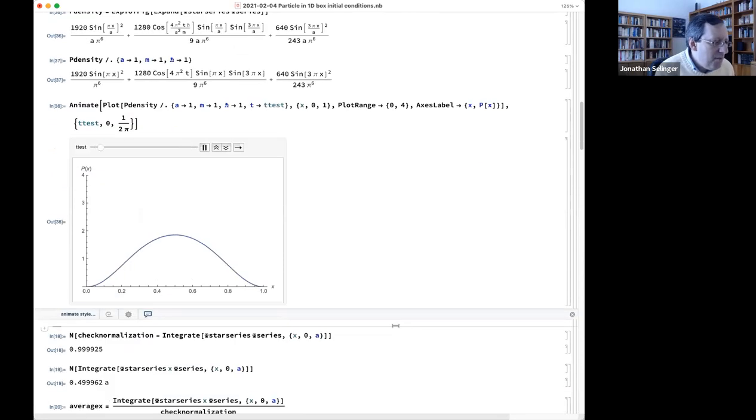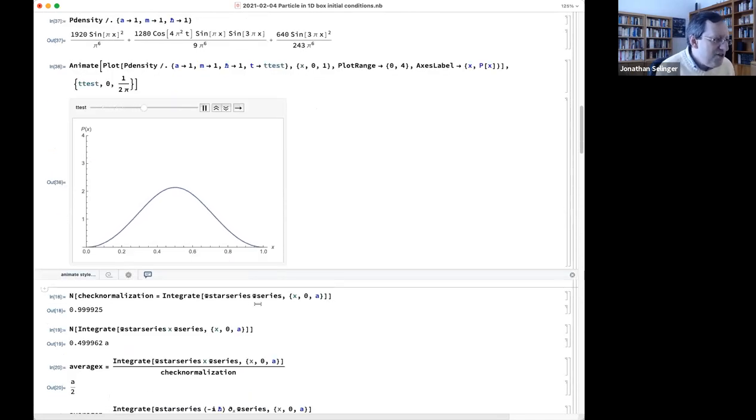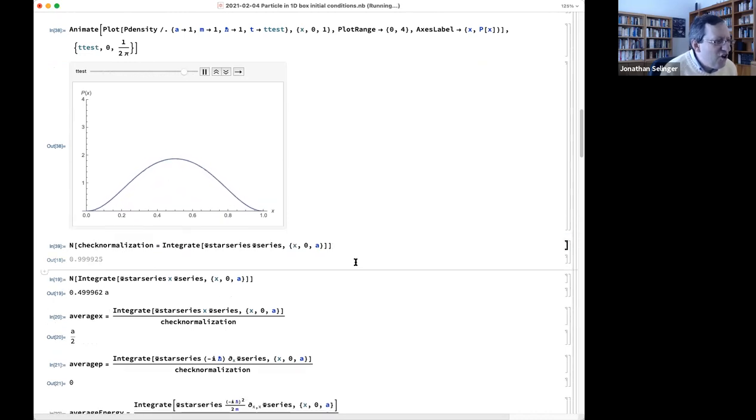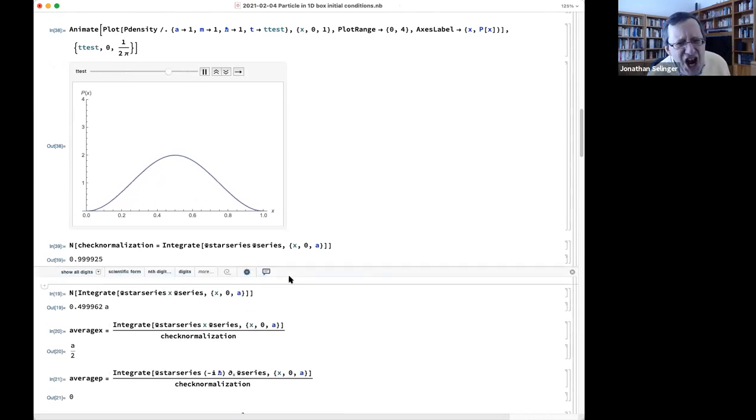And we can get expectation values. When we calculate our expectation values, we should be alert to the fact that our normalization is close to 1, but it's not exactly 1. It's not exactly 1 because we don't have an infinite number of terms. We truncated the series.